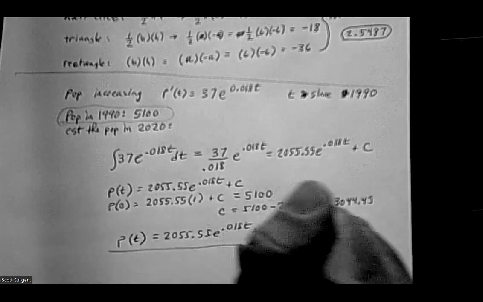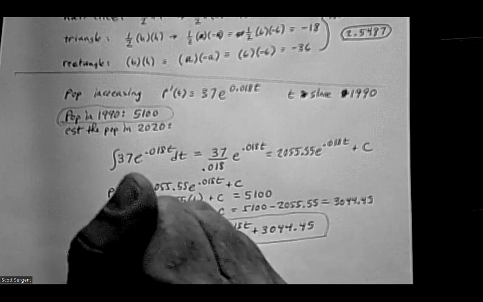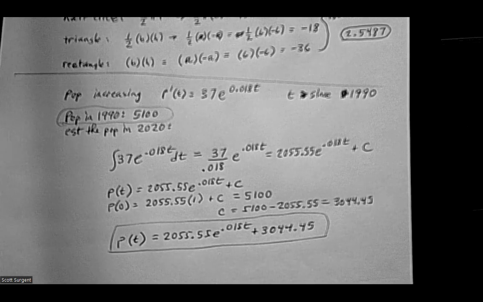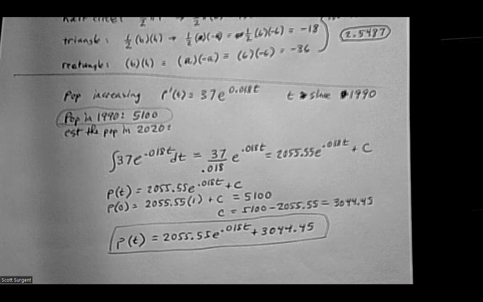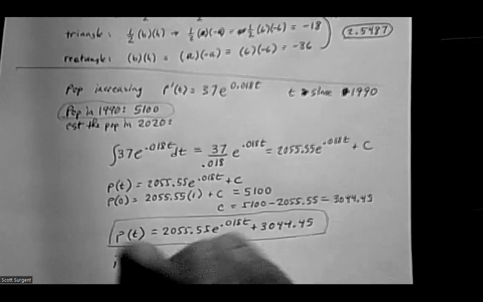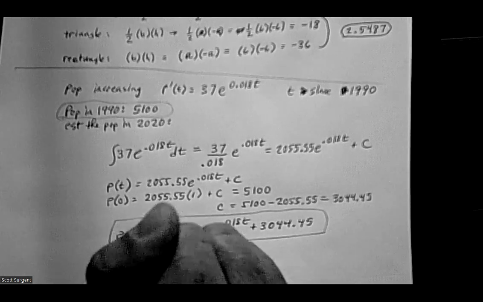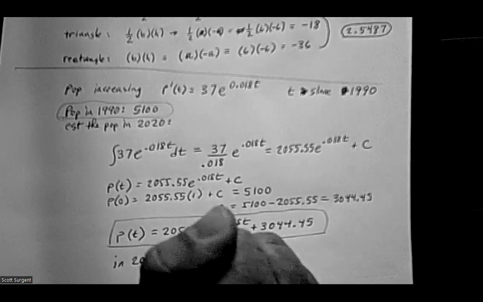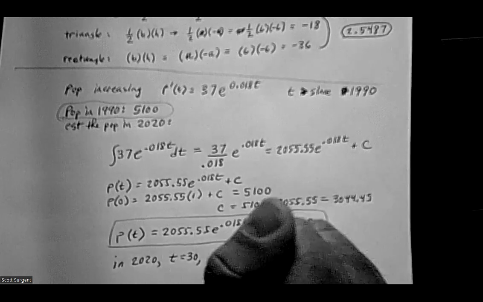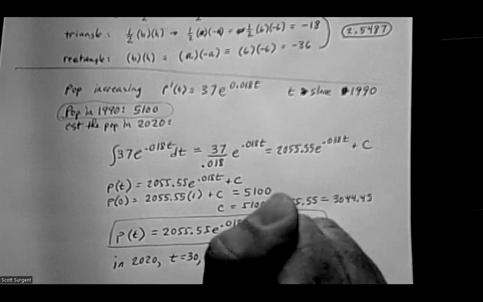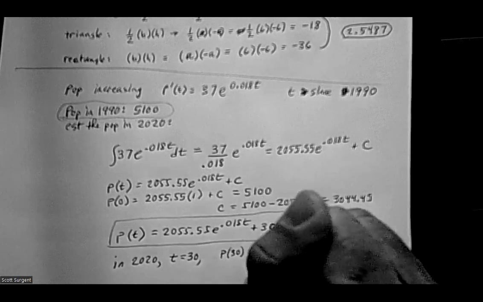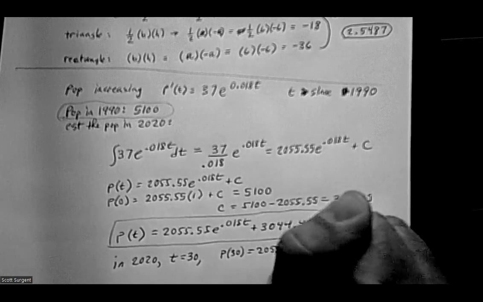So that's the actual population model. Okay, so they want to know the population in 2020. So we're going to plug in t, which would be 30 years. So we just pop a 30 into the model and see what magical number we get.